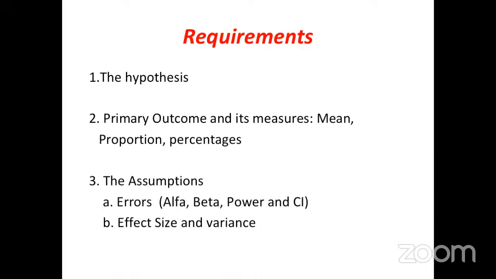Then subsequently, there are 3 assumptions which have to be made: 2 errors and 1 effect size. The 2 errors are alpha and beta errors. Alpha error is the error which says that a thing can happen even without your intervention, that is, which can happen by random chance, but still you say that the drug can be better.